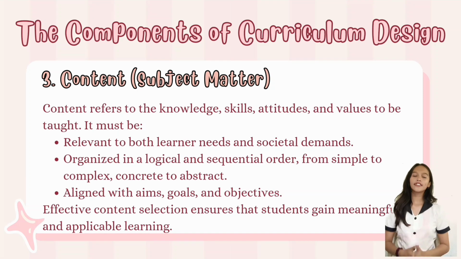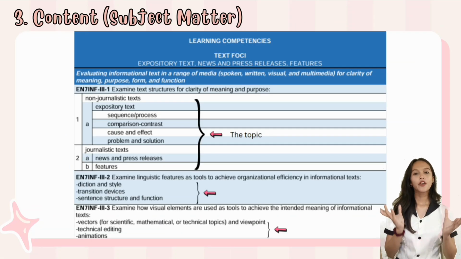Third, we have content or the subject matter, which is the topics, units, and lessons to be covered. This is the actual knowledge, skills, attitudes, and values taught to students. Content must be relevant to both learner needs and societal demands. It should also be organized logically, usually from simple to complex. For instance, in this part, we can see the content of the topic of the curriculum.